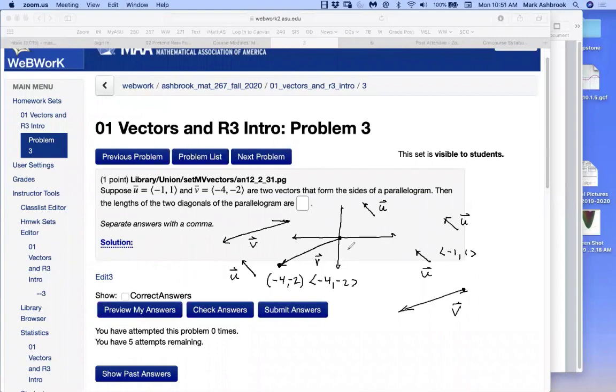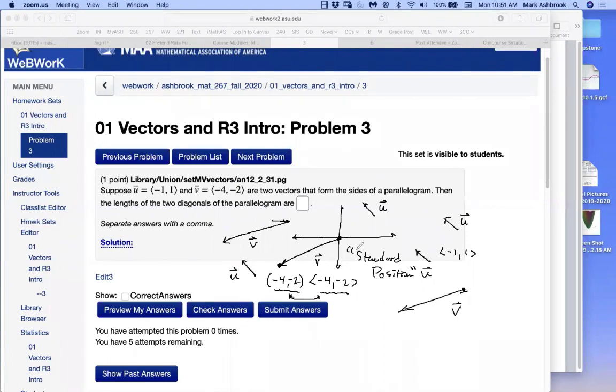When you put the tail of a vector on the origin, it's called standard position. And again, when you do that, the values of the components of the vector and the values of the coordinates are the same, but only when the vector is in standard position.